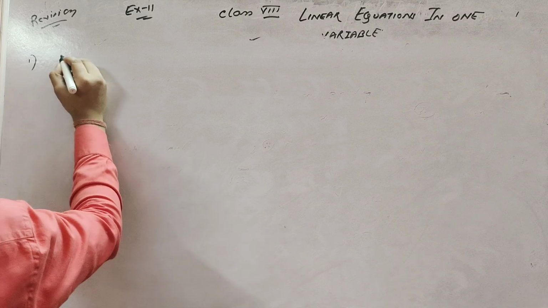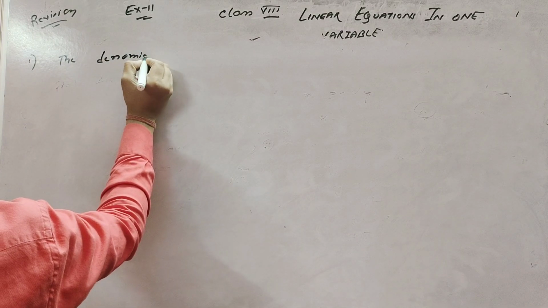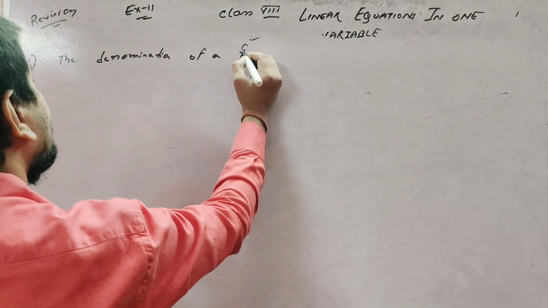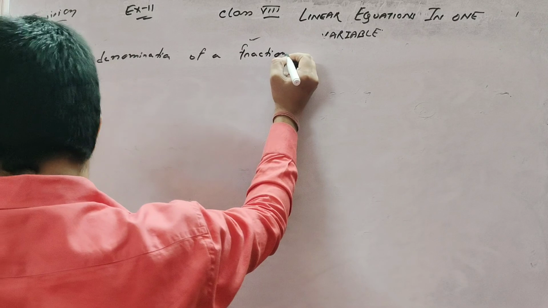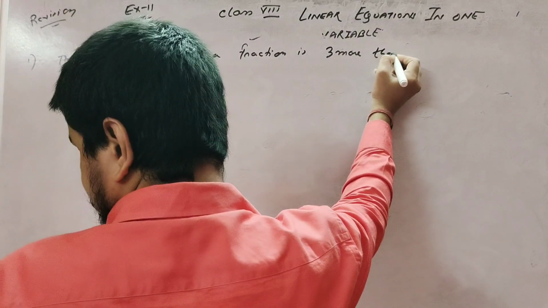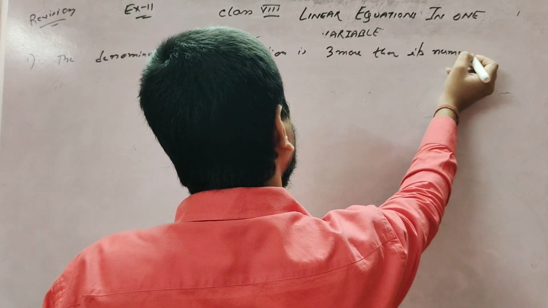One more question. The denominator of a fraction is 3 more than its numerator.